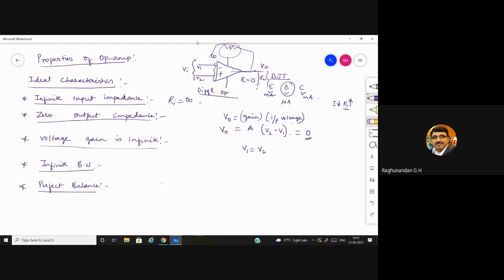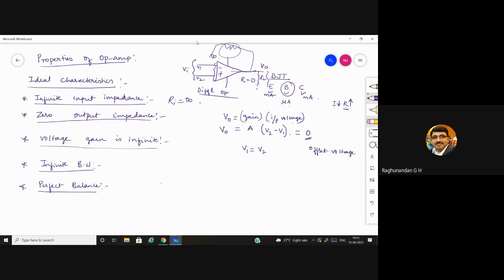Practically, even if you take it from the same power supply, they will show some difference, maybe because of a problem at the power supply terminal end, or a problem with the patch cord you are using. The output will never be 0. It will show some voltage, which we call the offset voltage.